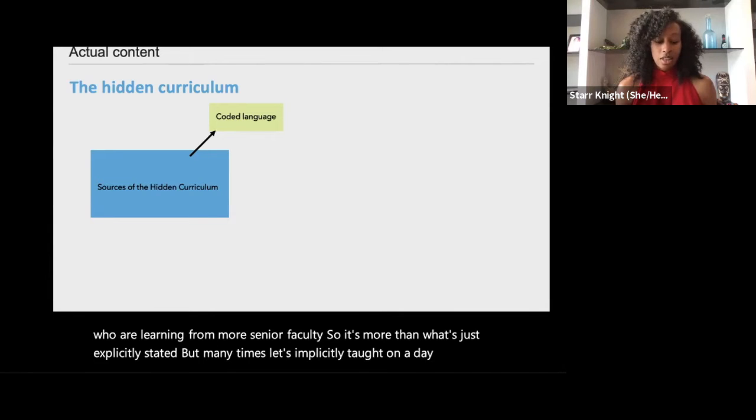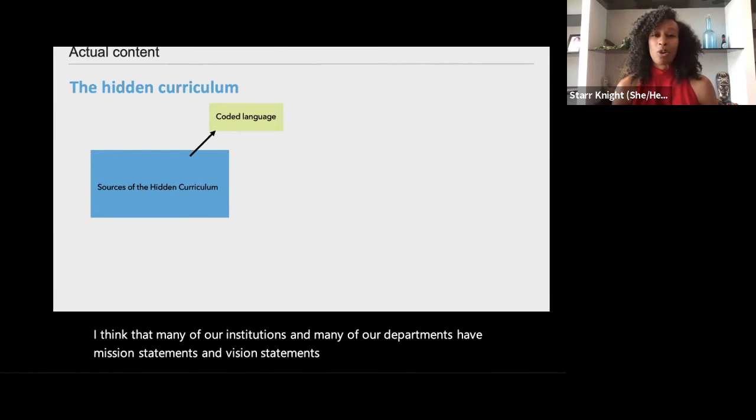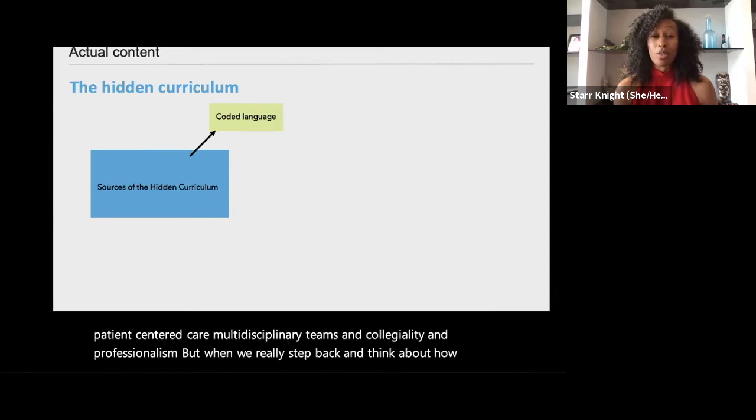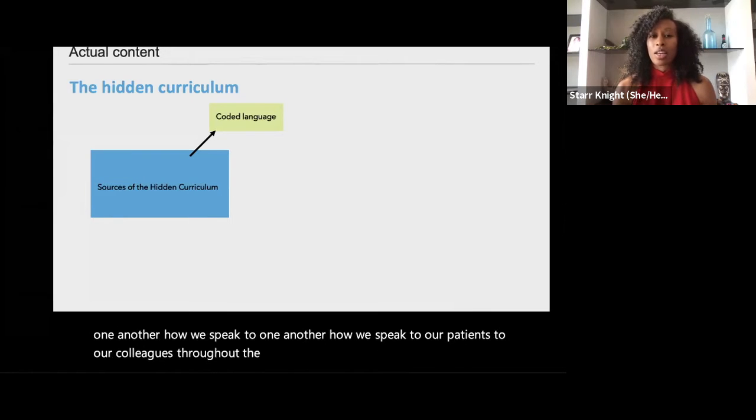I think that many of our institutions and many of our departments have mission statements and vision statements that mention keywords like patient-centered care, multidisciplinary teams, and collegiality and professionalism. But when we really step back and think about how we treat one another, how we speak to one another, how we speak to our patients, to our colleagues throughout the hospital, are we really actually embodying these mission statements and these vision statements?